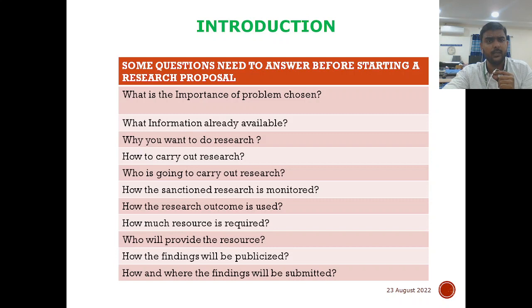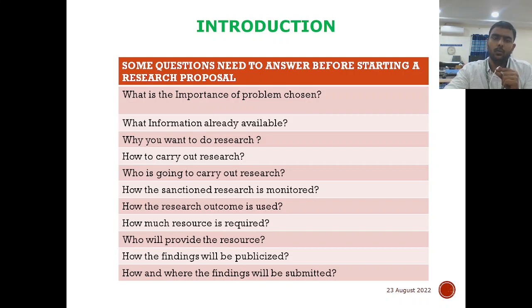These are the points to be noted before starting the research proposal. What information is already available? You need to go through the different literature, the publications already published. While reading the publications, I personally suggest you go through peer reviewed journals, IEEE journals, Springer journals, so that you will get the latest information on the topic you are trying to propose as a research project.